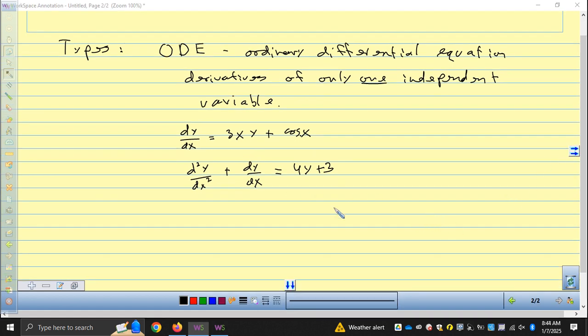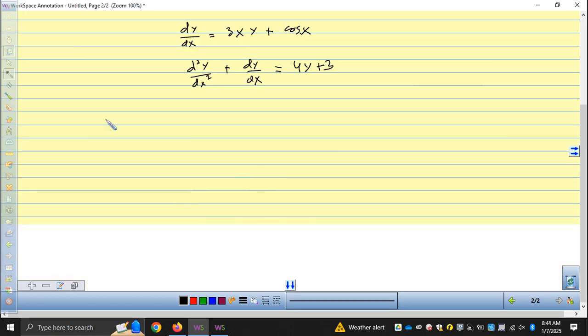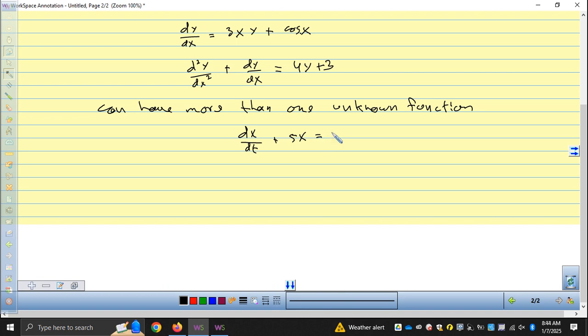And we can also have more than one unknown function. So we could have dx/dt plus 5x equals dy/dt plus 3y.